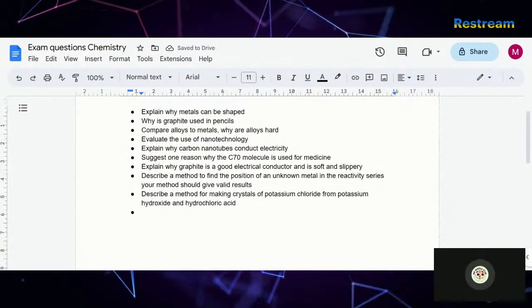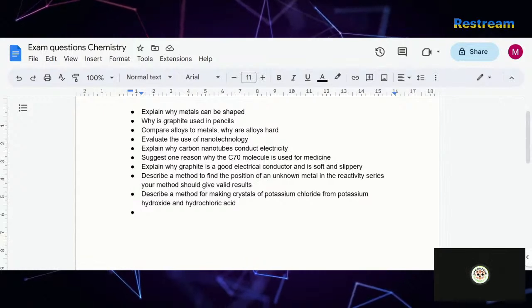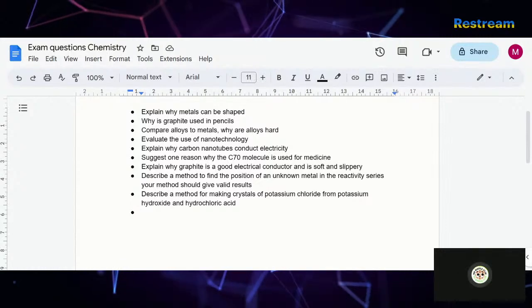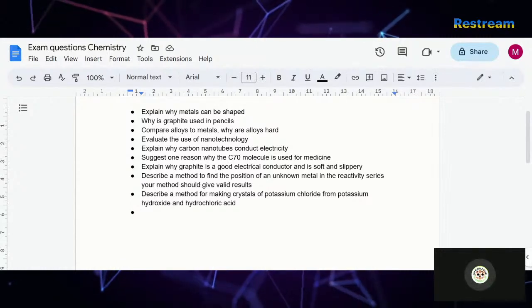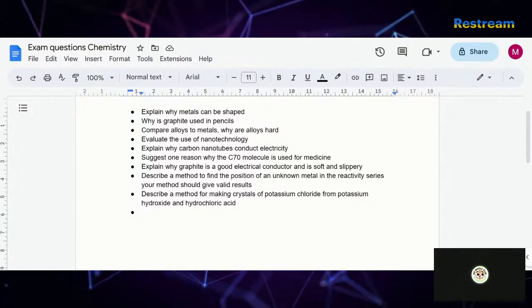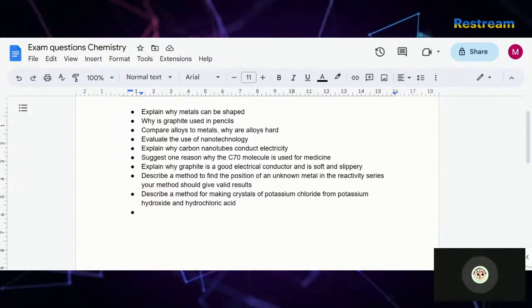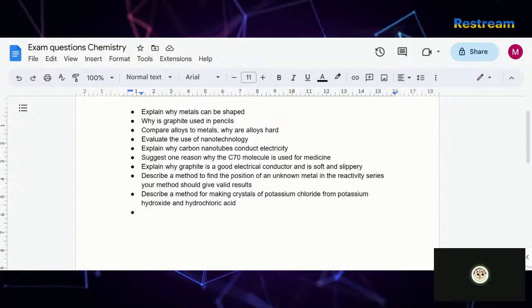We've got a method for making crystals, which in other words is just salt. Potassium chloride is a salt, potassium hydroxide is the alkali, and hydrochloric acid is the acid.